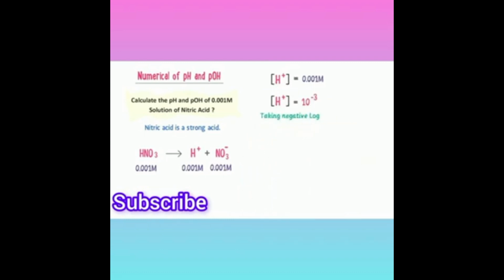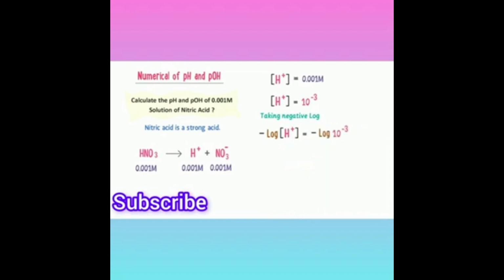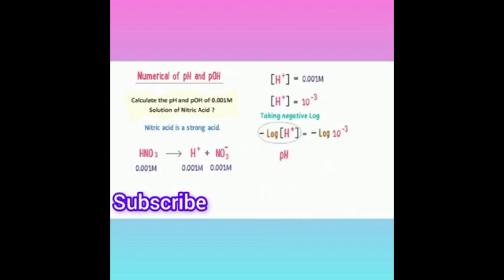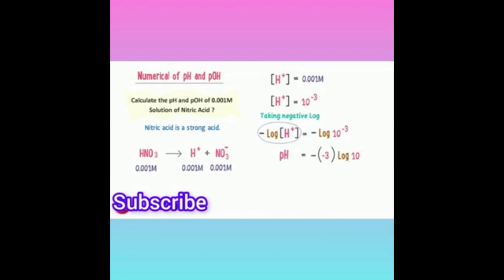Now taking negative log on both sides, negative log of concentration of hydrogen ion is equal to negative log 10 to the power negative 3. Negative log of concentration of hydrogen ion becomes pH, which is equal to 3 log base 10. We know that log base 10 is equal to 1, so I get pH is equal to 3. Now what about pOH?